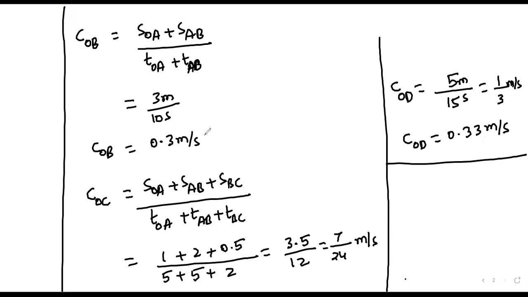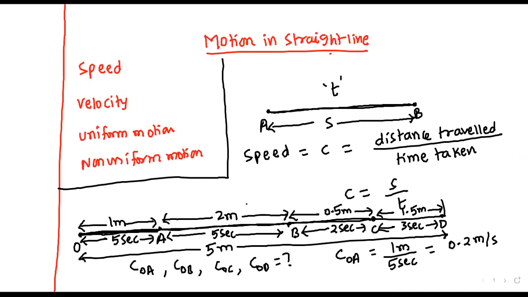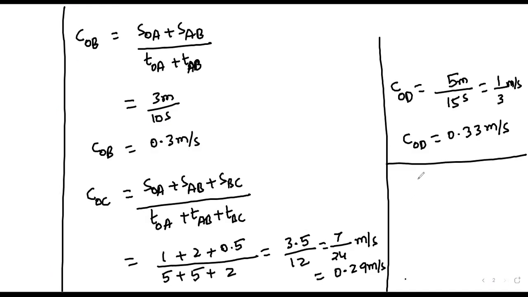In case of OB, 7 divided by 24 is 0.29. In OA, it is 0.2. There is a difference. 0.29 I can write approximately as 0.3.